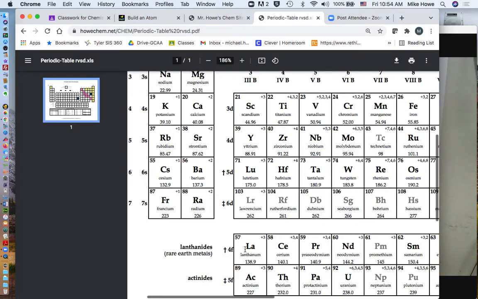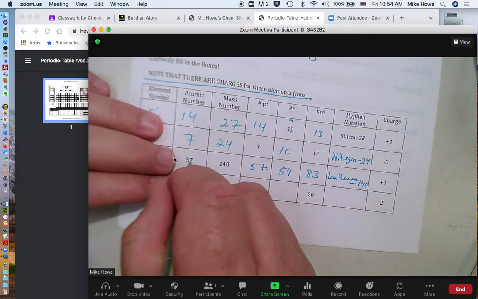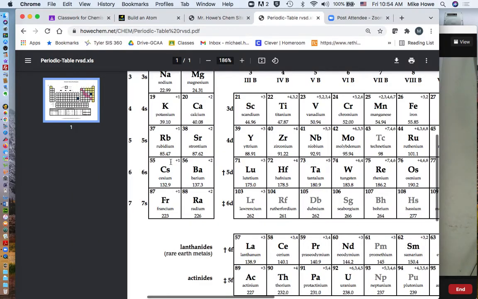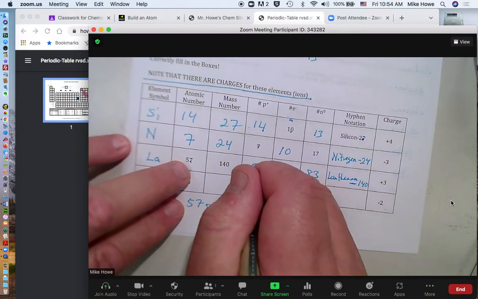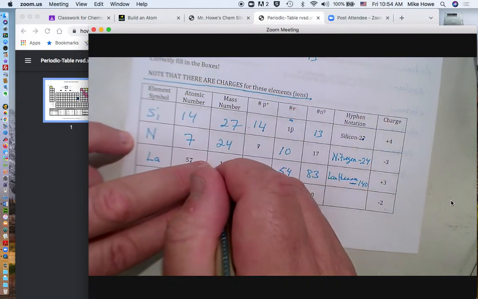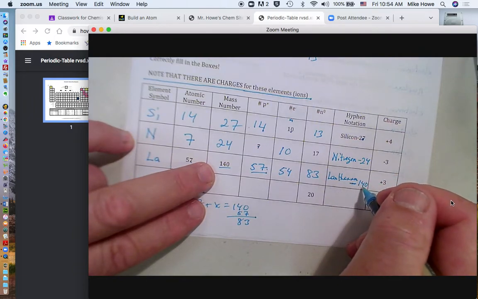Next one's atomic number 16. Oh, shoot, I keep forgetting to go back to the screen. So let's run through lanthanum again. Lanthanum, we had 57. I went back and showed you how I found 57. It's right here. So the protons are 57. The mass is 140, so the hyphen notation is lanthanum-140.